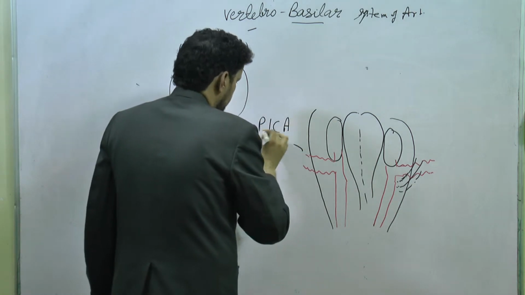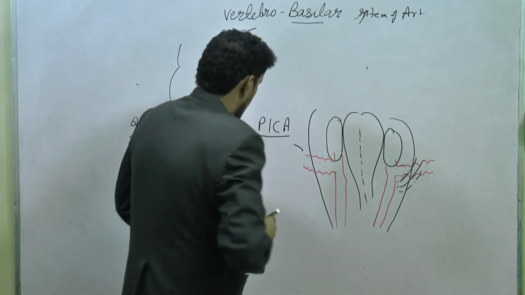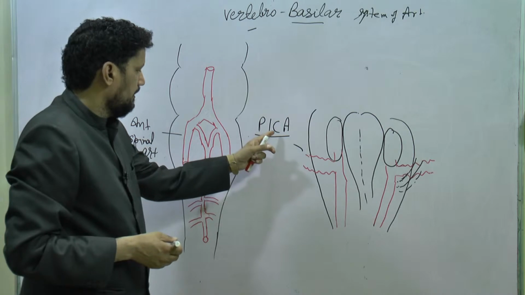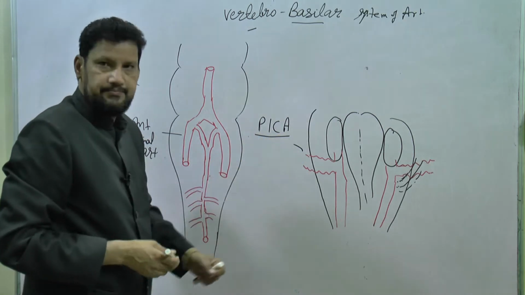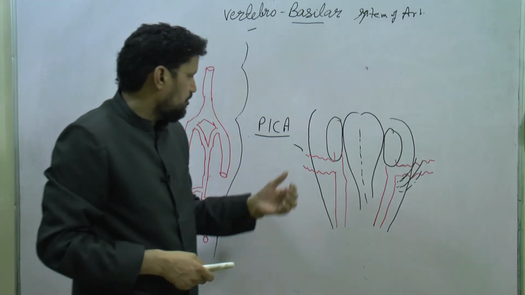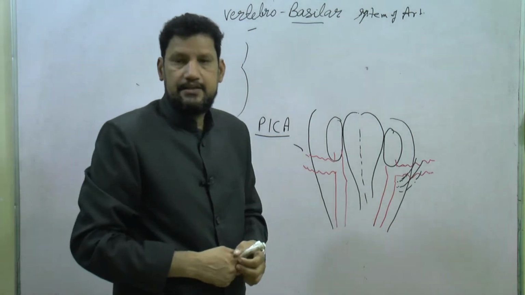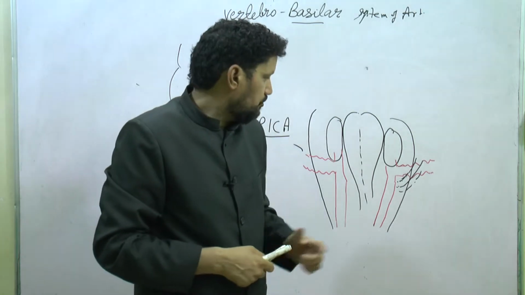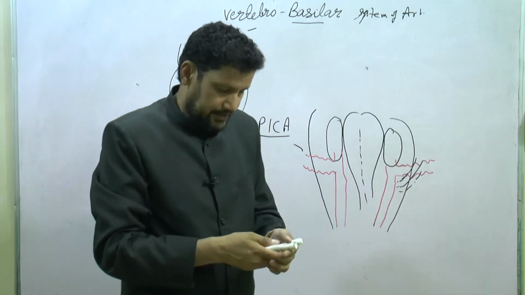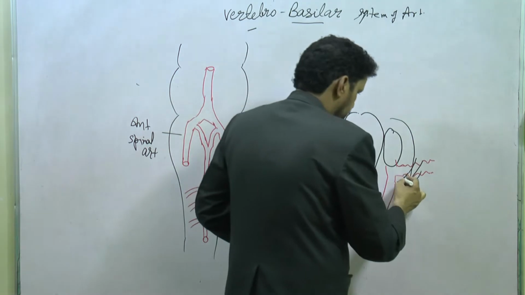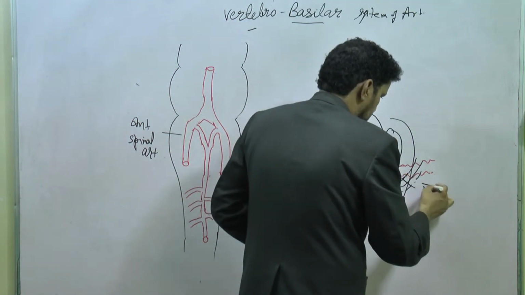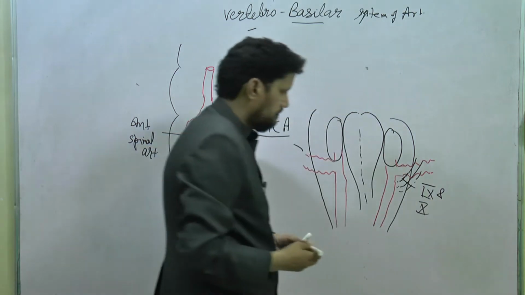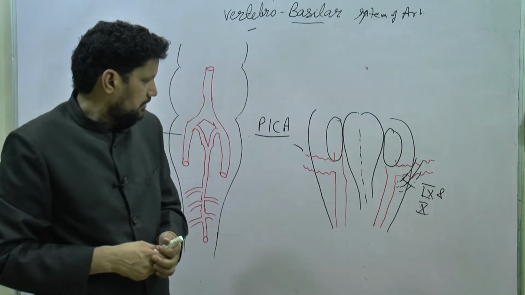PICA, posterior inferior cerebellar artery, running behind the rootlets of the glossopharyngeal and the vagus. So now number 9 and 10, the vagus.